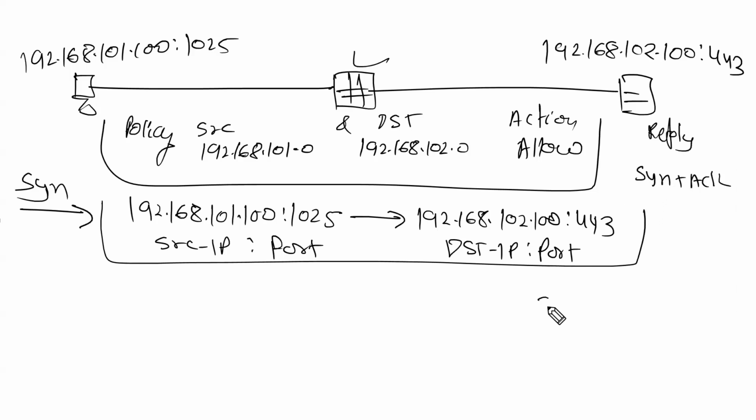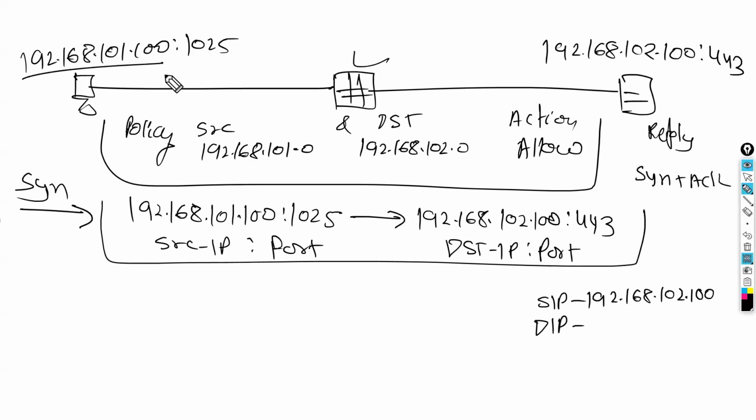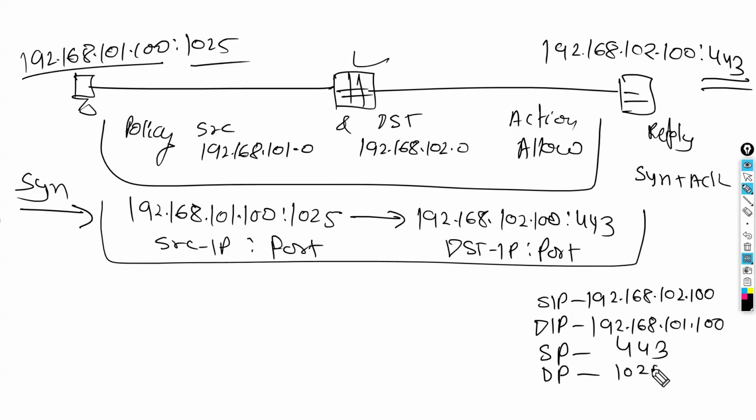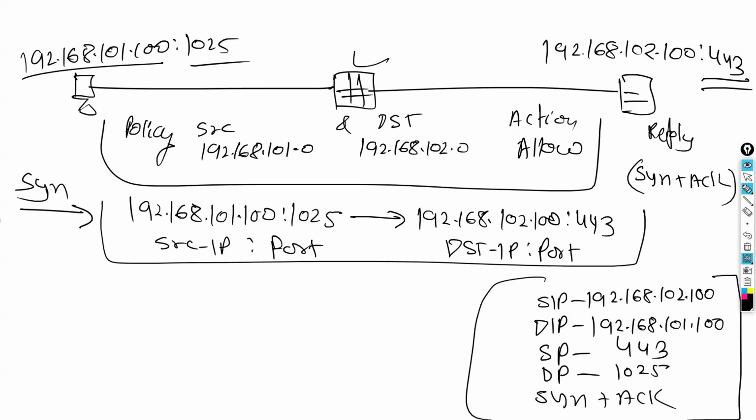When the packet comes, the source IP will be 102.100, the destination IP will be 101.100, the source port will be 443, and the destination port will be 1025. So this SYN plus ACK packet will come.